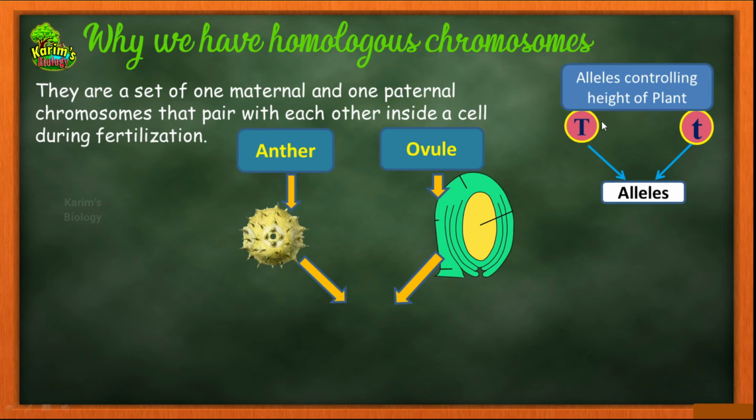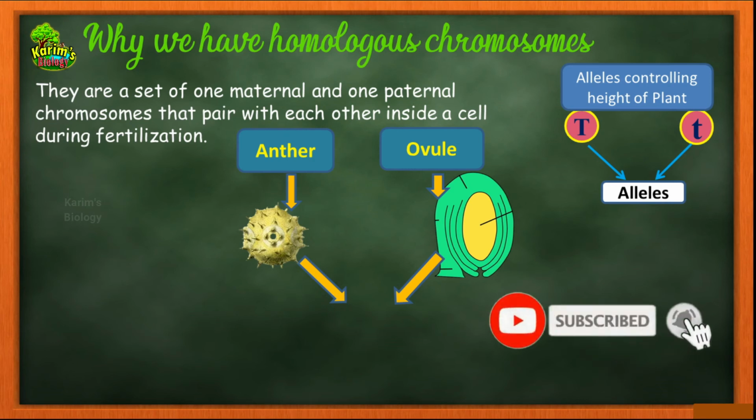See, once again I am considering the same character. Alleles controlling the height of the plant are capital T and small t, and they are located on two different chromosomes which are homologous chromosomes. And how did the pea plant get these two homologous chromosomes? The pea plant might have got these two homologous chromosomes, one from the male gamete and another one from the female gamete.